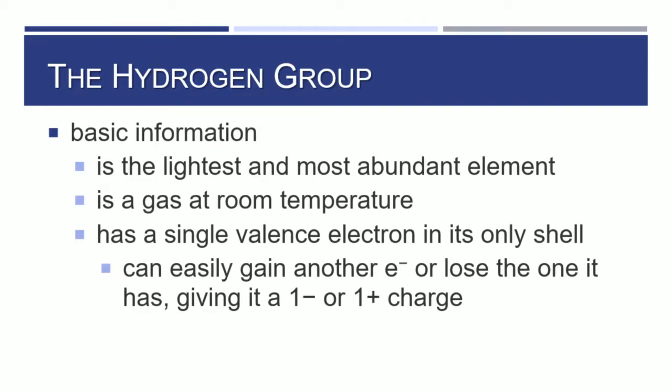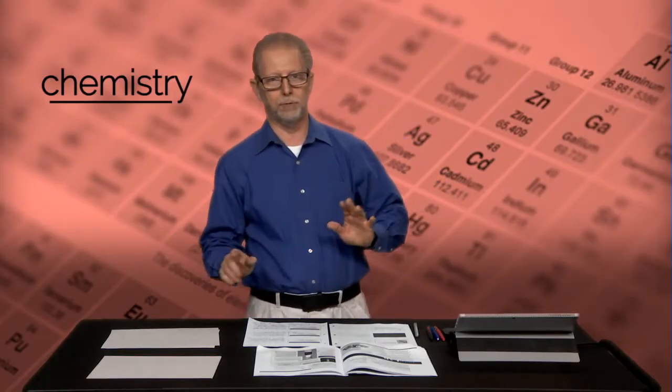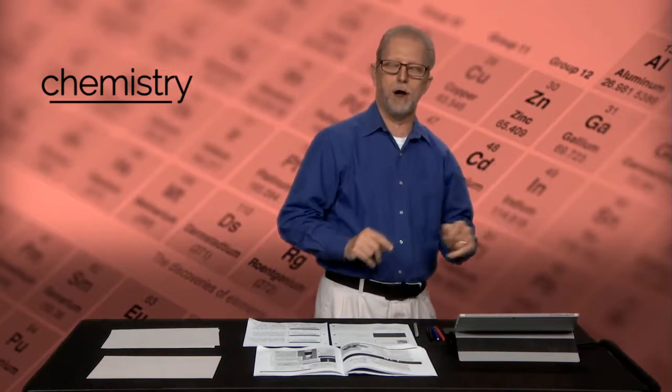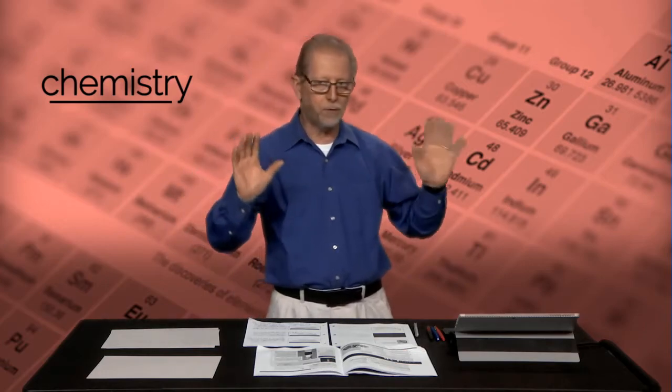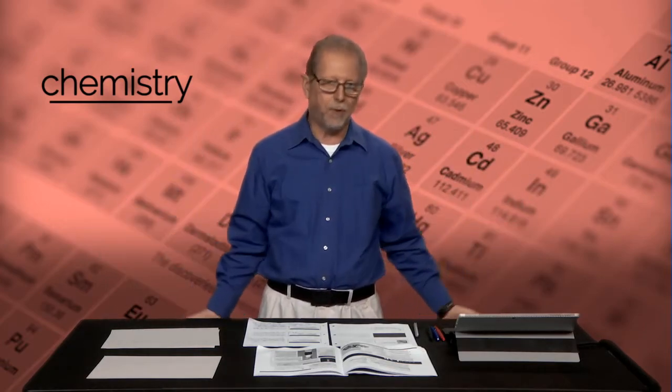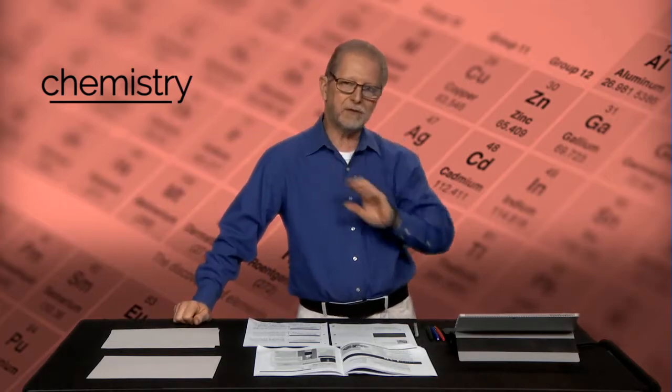Notice they have 1 negative or 1 positive. I learned many moons ago -1 and +1, and now it's 1 negative, 1 positive. So if I ever write it that way, same old, just no difference in that. So those are some things about hydrogen.